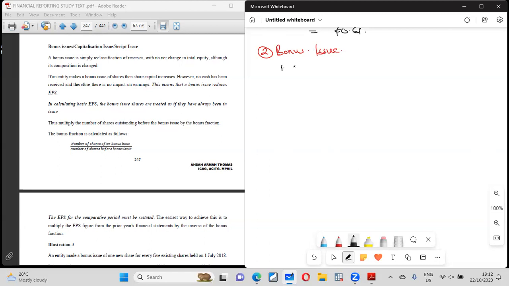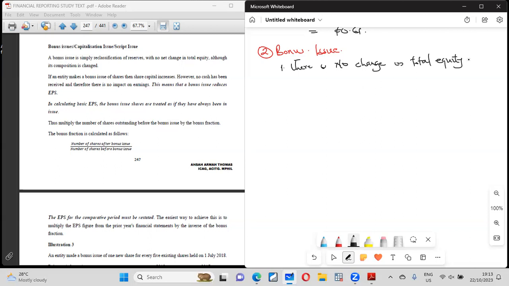So key point number 1, when there is a bonus issue, there is no change in the total equity. All right. The composition might change, but there is no change in the total equity. Yes, that is a key point.